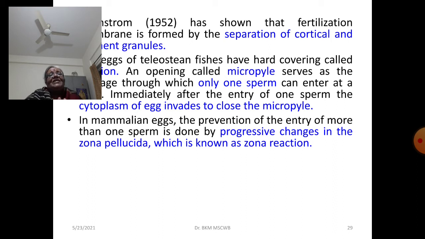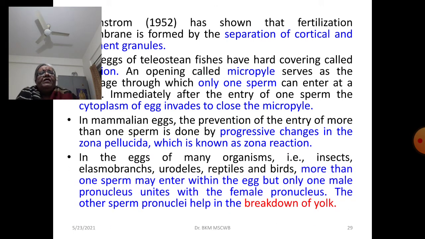There are progressive changes in this layer once the sperm makes its entry, and this is known as zona reaction, which takes care of preventing the entry of more than one sperm. So different groups of animals have evolved their own ways to prevent polyspermy, where monospermy is the rule, to avoid pathological polyspermy.